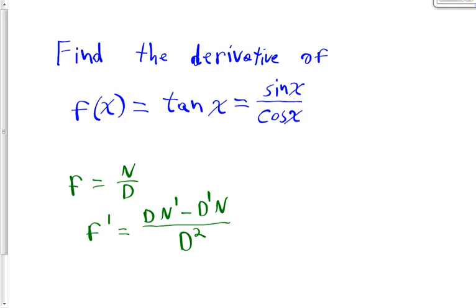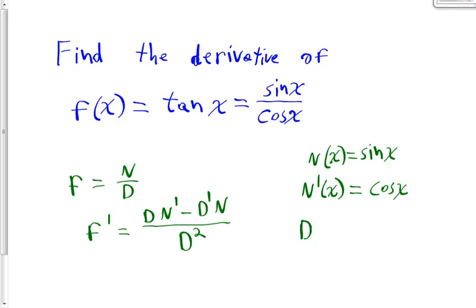squared. So basically, we need to find the derivative of the numerator and the denominator, multiply the numerator by the denominator's derivative, the denominator by the numerator's derivative, subtract those two products, and divide by the denominator squared. So, in the case of our particular problem, n would equal the sine of x, which means that the derivative of the numerator would be the cosine of x.